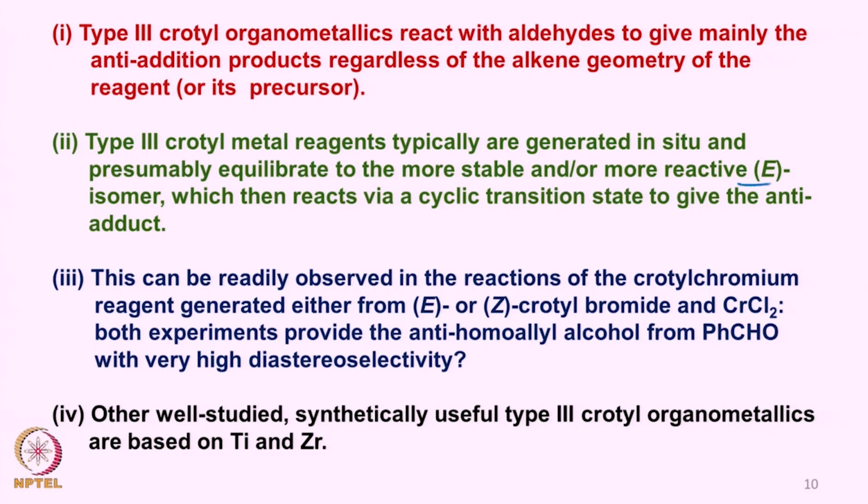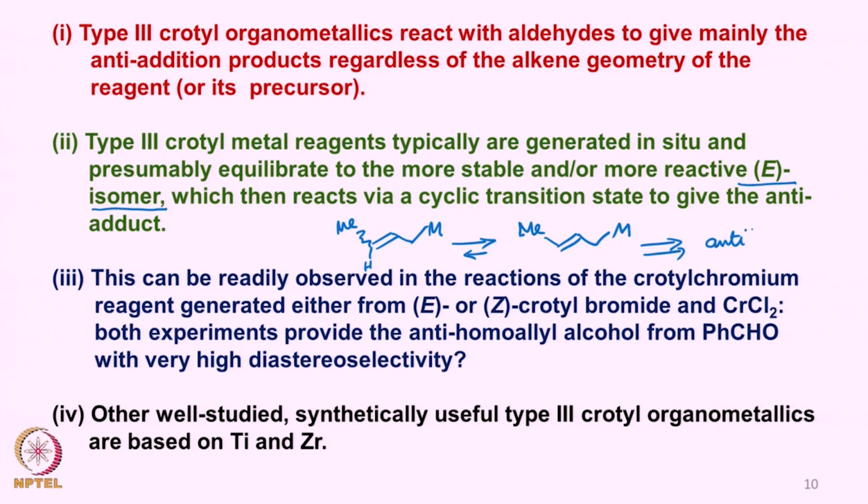So this equilibration is very important, because irrespective of which geometry you have of the allyl metal bond, whether there is an orientation of the methyl group here, it is a mixture, and eventually it equilibrates to the E isomer, and if that happens, then of course we always get the anti product. This will lead to the anti product.